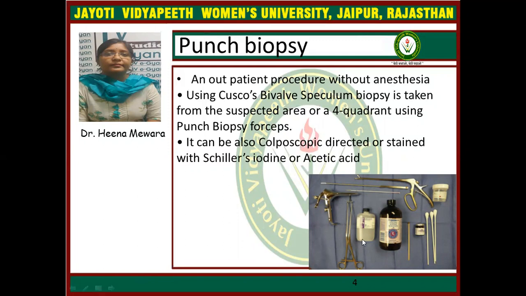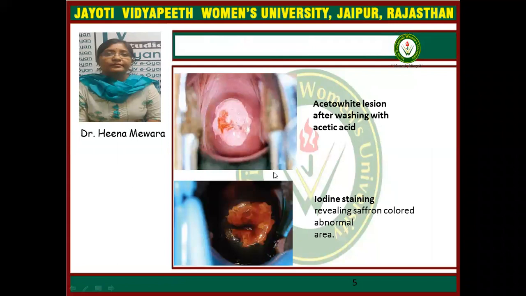This picture shows instruments which are used in punch biopsy. This is the punch biopsy forceps, Cusco speculum, container, iodine solution, acetic acid. This is the swab and this is the cytobrush. So in this picture, the aceto-white lesion is seen after washing with acetic acid.